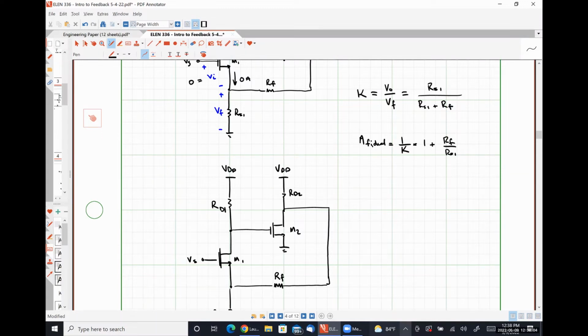So, in order to determine our loop gain, what we need to do is set our source signal to 0. So I'm going to ground this guy out. And then we break our feedback loop. So I'm going to choose to break it here.